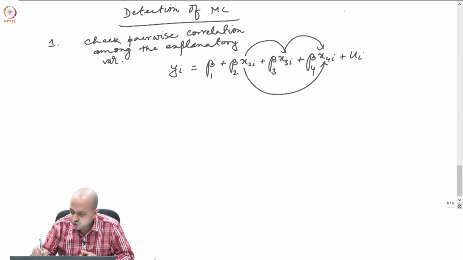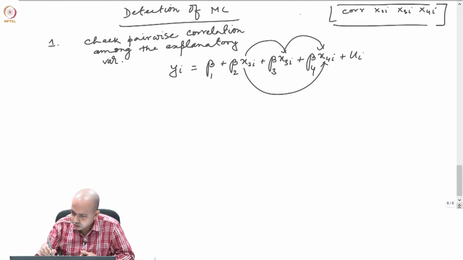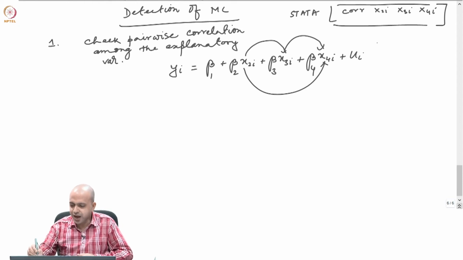In the statistical software, Stata, after importing the data, if you simply put the command CORR x2 x3 x4, that will give you this pairwise correlation.